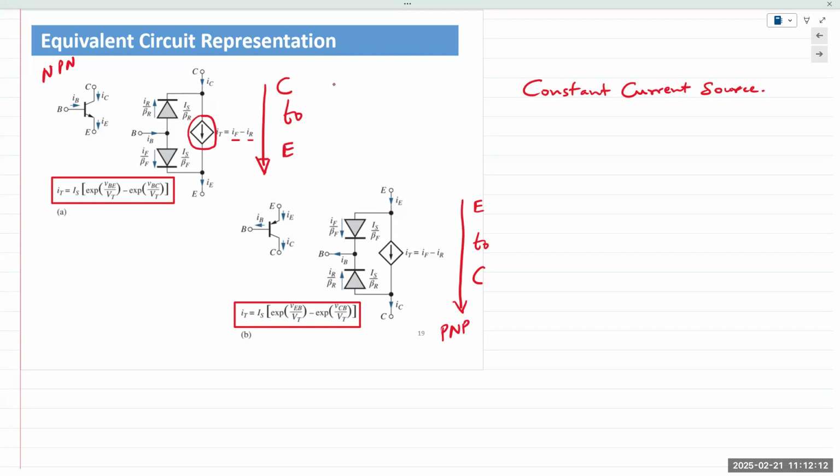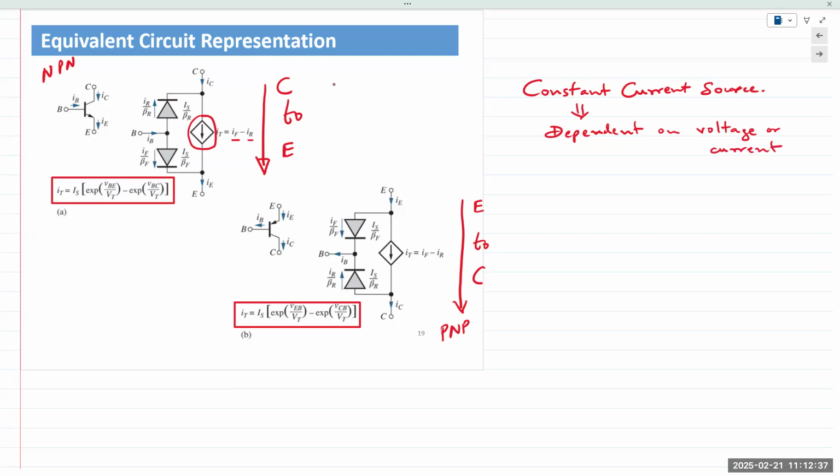So it's a dependent current source, dependent on voltage or current.